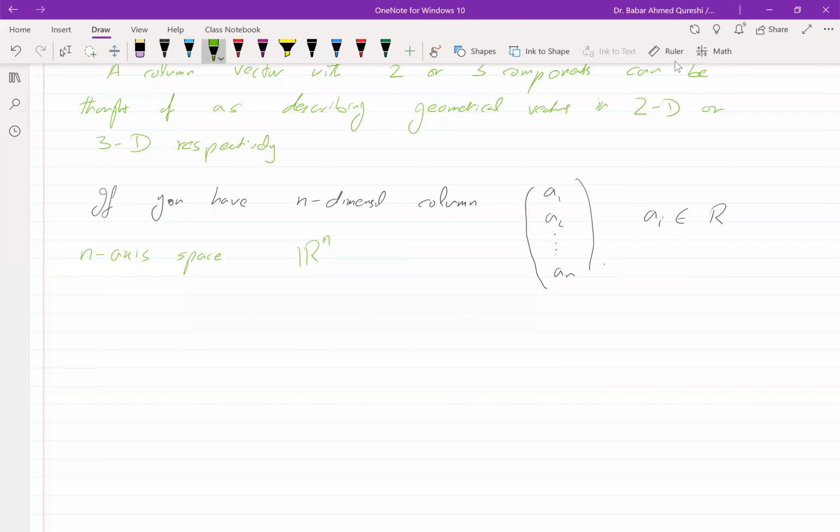And a column translates to a point, or I should say a vector with tip at a point with coordinates which are given like this, which are these coordinates.